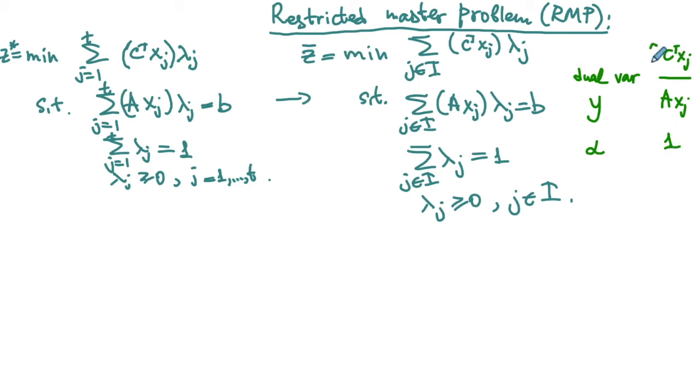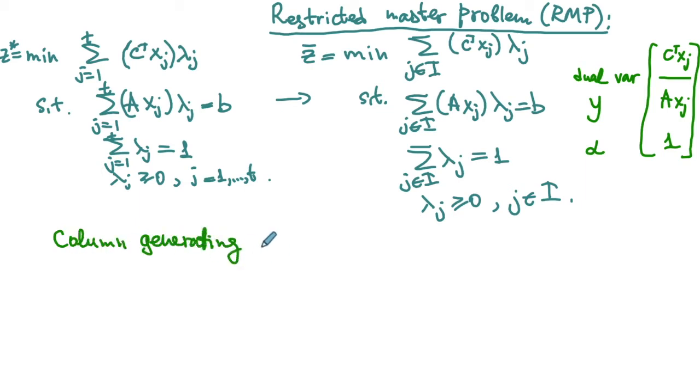So this is our column that we need to focus on when we compute the reduced cost and when we formulate what we call the column generating subproblem.